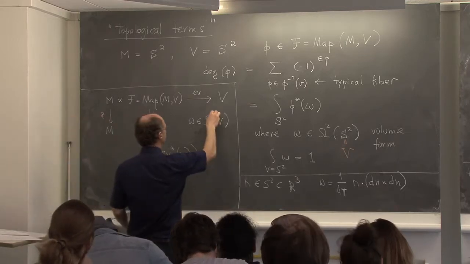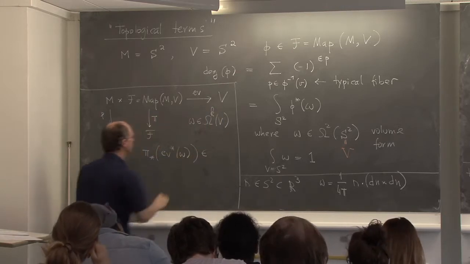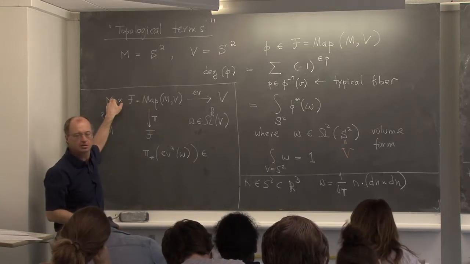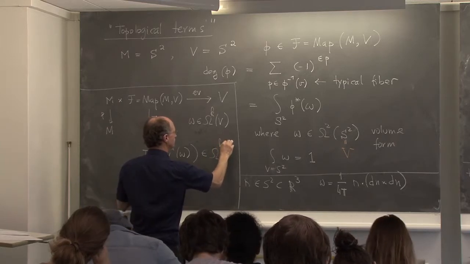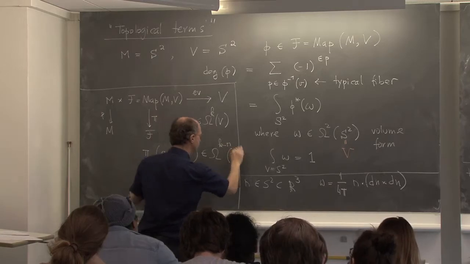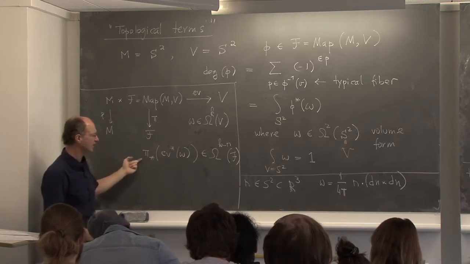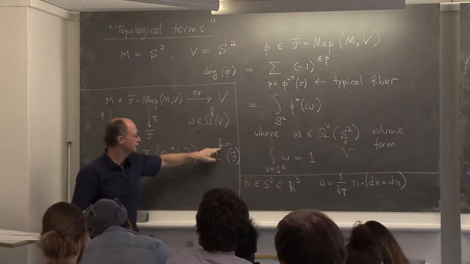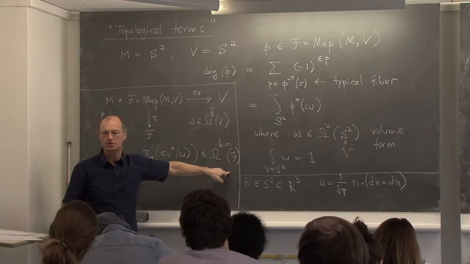So if this was a form of degree, say, k, the fiber integral takes away degree n. So this will be a form of degree k minus n on V. So ideally, at least in our context, we choose k equal to n to obtain a function on F.